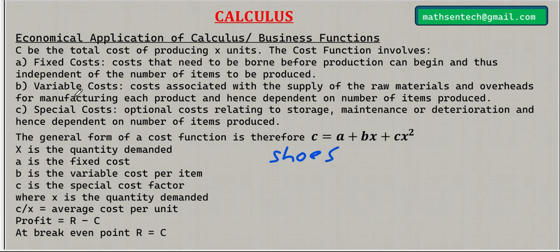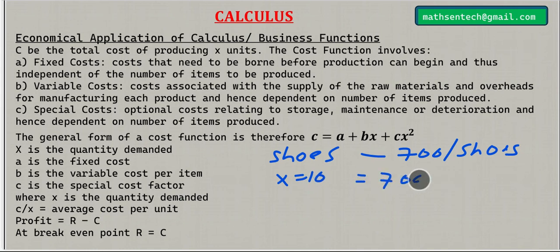So assuming you are a retailer, you go to the wholesaler and get the shoe at say 700 per shoe. Okay, so if you buy 10 shoes, so your X is equal to 10, then the cost of the shoes will be 700 times 10, which is 7,000.